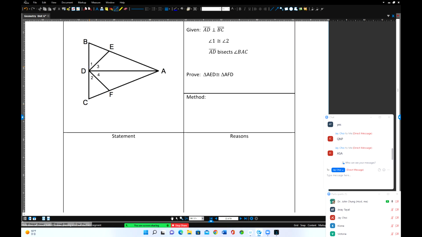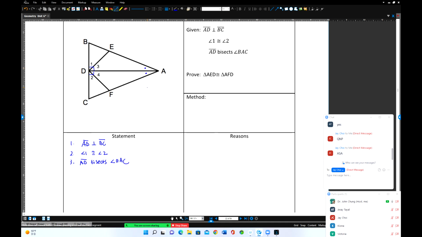Perpendicular. Second, angle 1 is congruent to angle 2. And the third one is AD bisects angle BAC. So that means what? These two angles must be congruent.